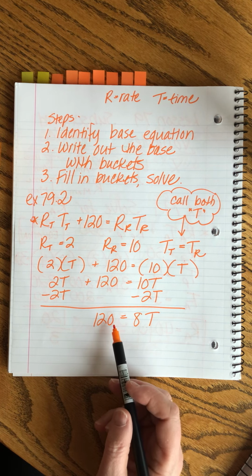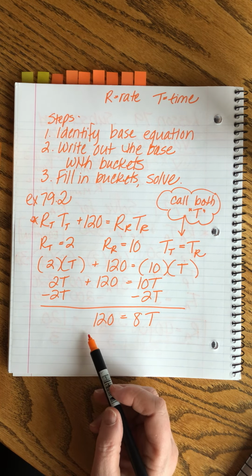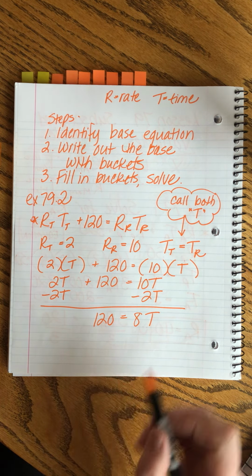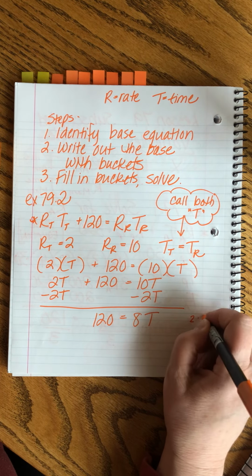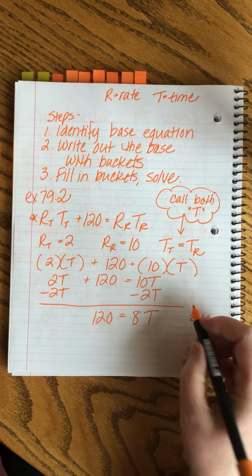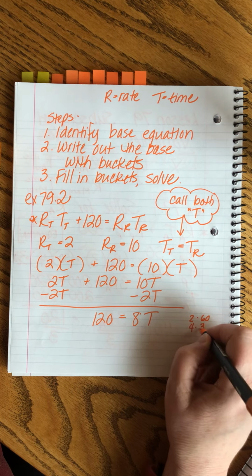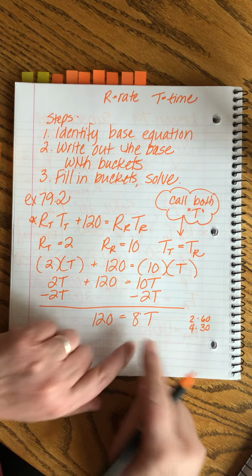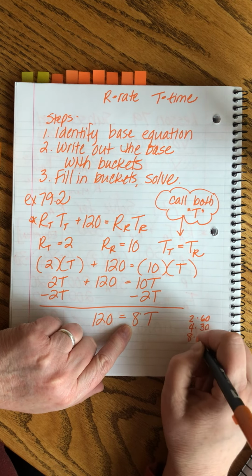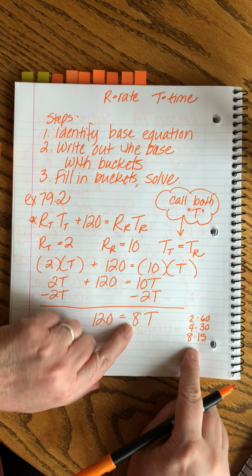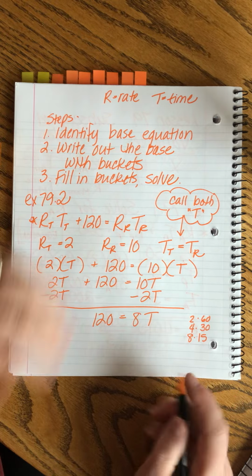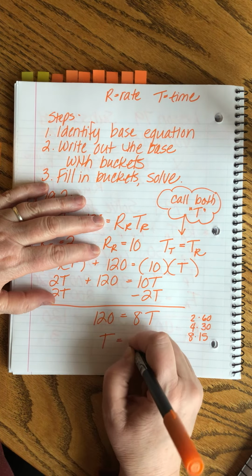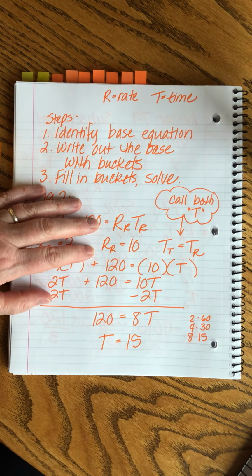There's two 60s. I'm going to divide 60 in half and say there's 4 30s, right? 2 times 60 equals 120. 4 times 30 equals 120. And then I can chop it in half one more time. 8 times 15. See how my brain sorted through those? So I know that t equals 15.